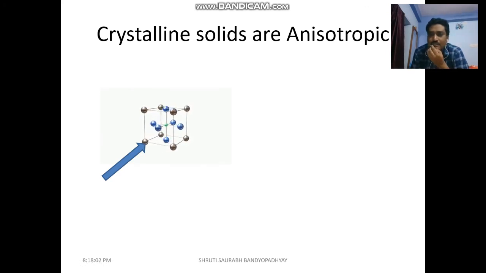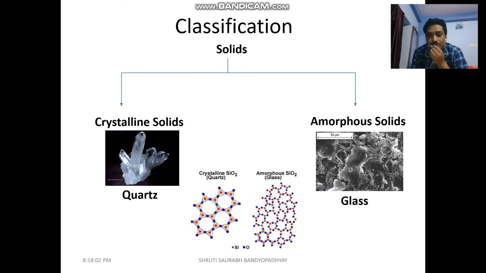Certain properties like electrical resistance, electrical conductivity, mechanical strength, or you can say refractive indexes. So all these properties, when measured from different directions, can yield different values. Okay, so this is anisotropicity. This is not observed in case of amorphous solids.